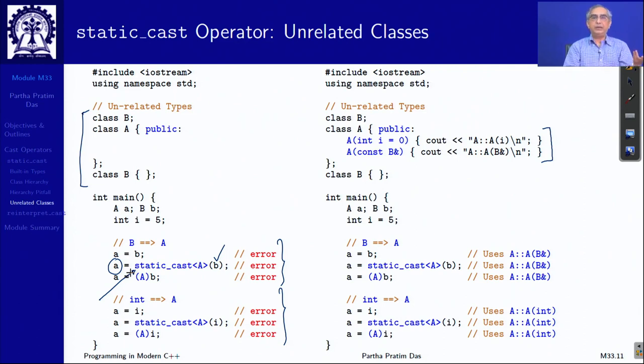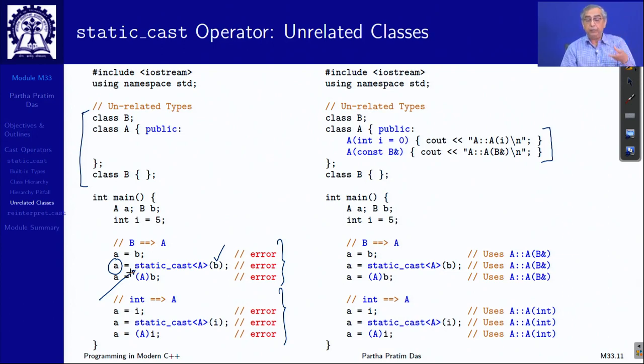Otherwise, what is the result of it? In the built-in types, this is not an issue, because built-in types do not have constructors. They have built-in processes to create the data pattern from int to double or from double to int and so on, but no such thing exists for types that we have defined, like class A and class B.